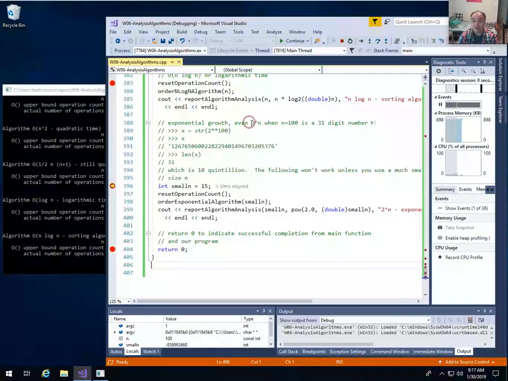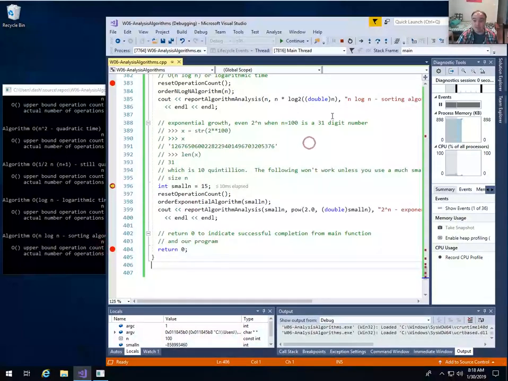So notice here, instead of like n squared where the exponent is a constant, here the exponent grows as our input size grows, okay? So this grows much faster than n cubed or n squared algorithms, okay? Another algorithm that's considered to be exponential is n factorial. N factorial is even worse than exponential, okay? So it's even worse than exponential if you have a factorial growth algorithm.